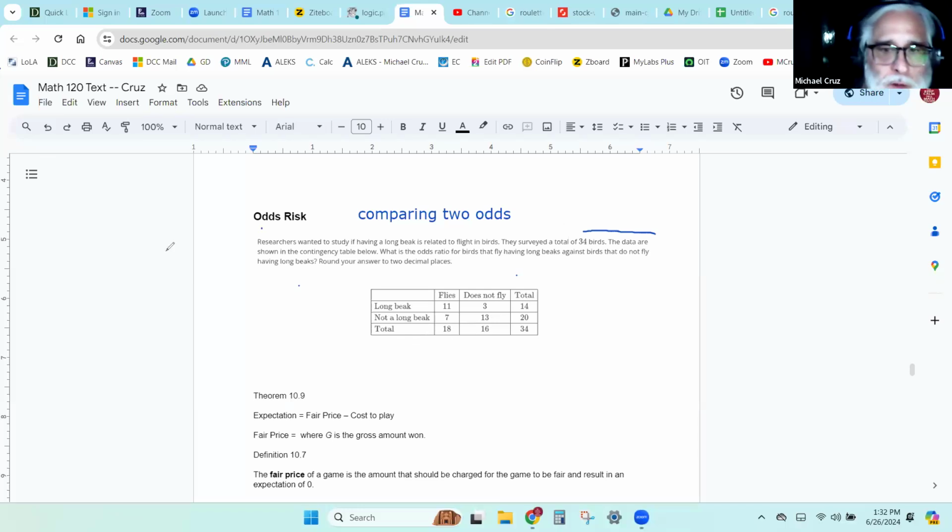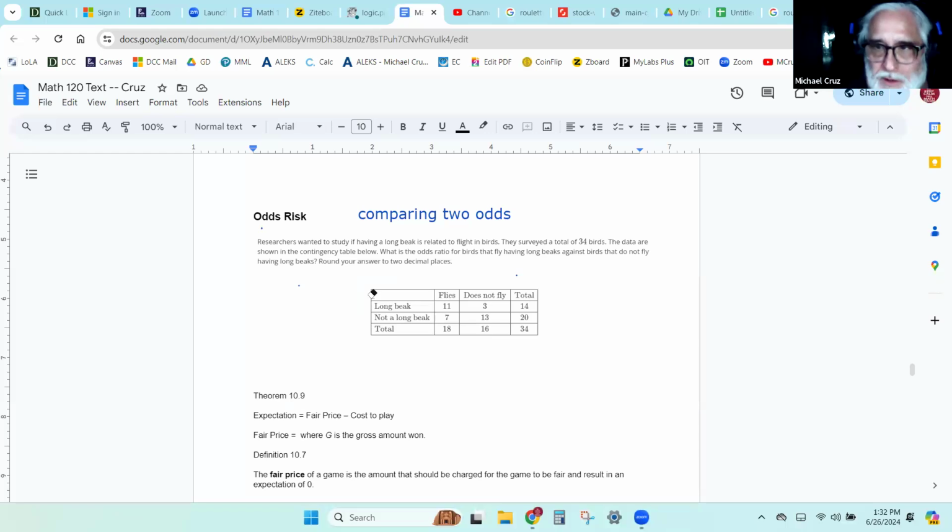All right. So this one was: researchers wanted to study if having a long beak is related to flying in birds. They surveyed a total of 34 birds. The data is shown in the contingency table below. What is the odds ratio for birds that fly having long beaks against birds that do not fly having long beaks?